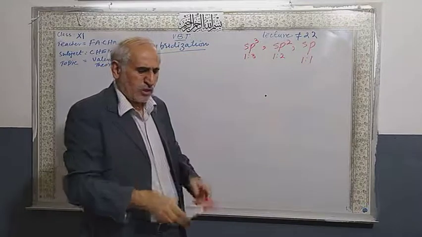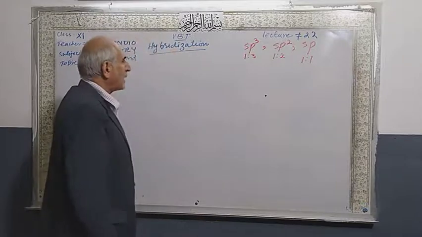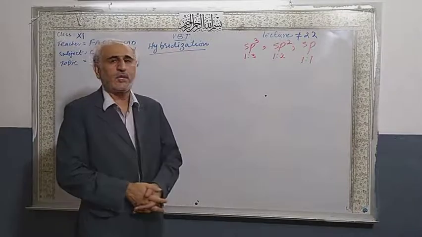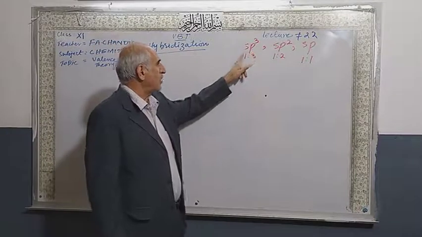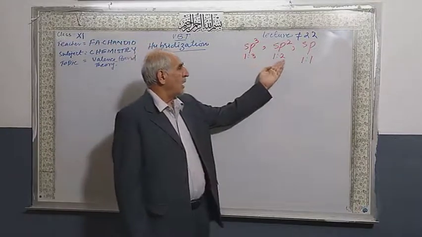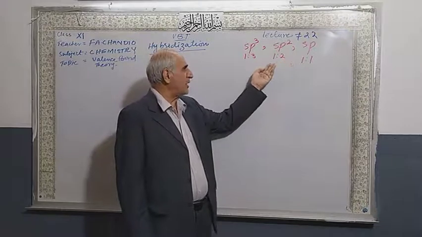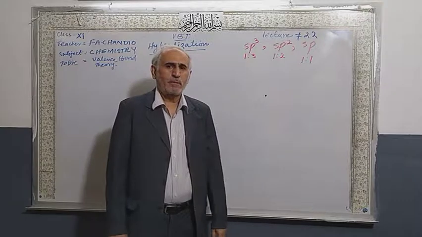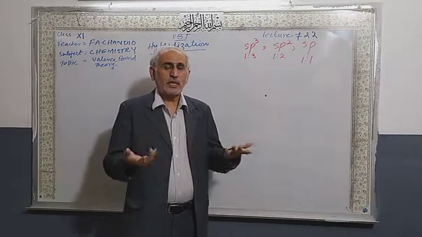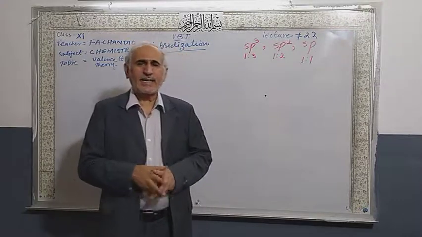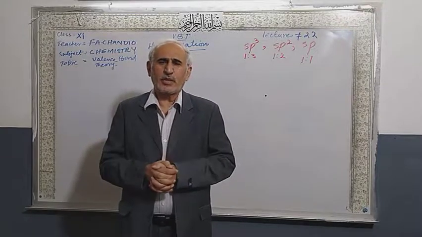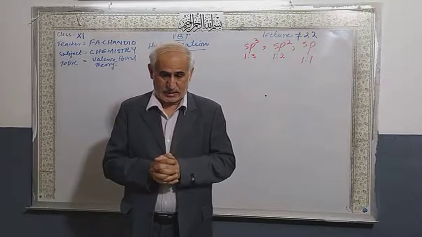So as we proceed, the s character is going to be increased and the p character is going to be decreased. Here 25%, 75%. Here 33.33% and 66.66%. Here 50% character. So as we proceed, the s character percentage is going to be increased and the p character percentage is going to be decreased. We will discuss.